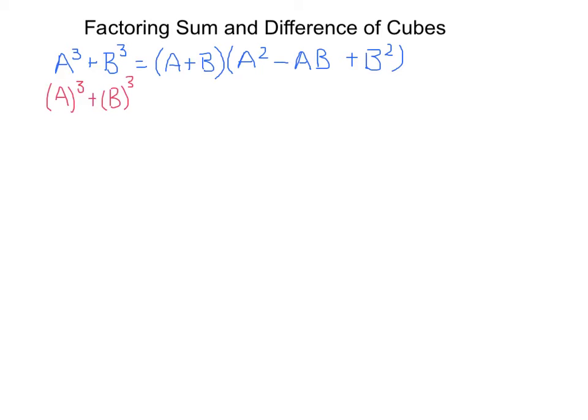Whatever the cube root is of this first term will go here, and whatever the cube root of the second term will go here. And notice that this sign right here is always the same as what you started with. So since we're starting with plus, then it's going to start with a plus.